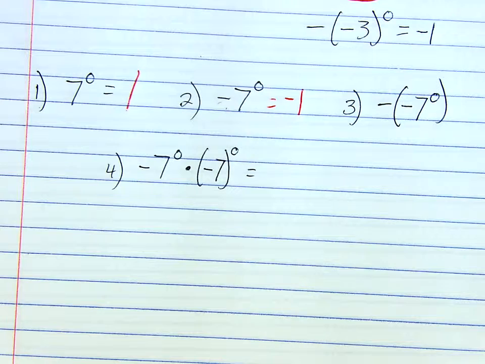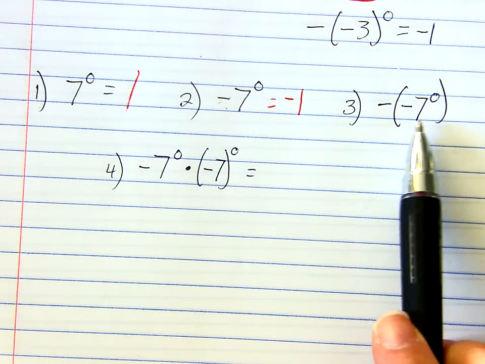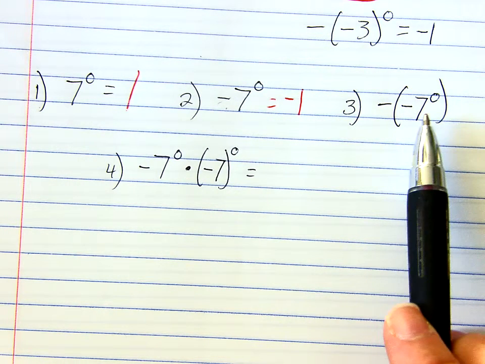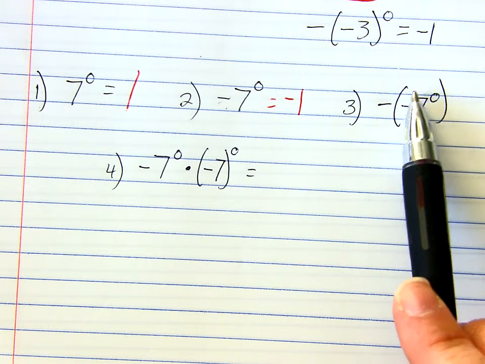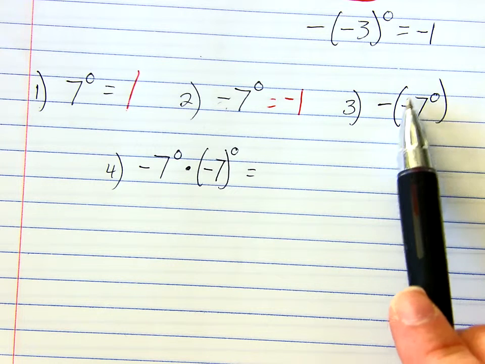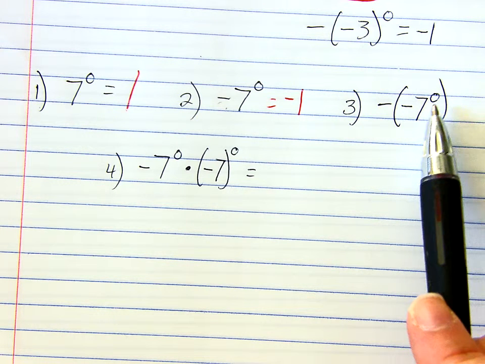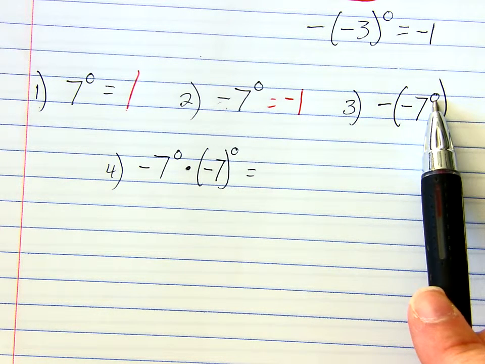Good job. Number 3, okay. Well, it's either 1 or -1, right? So here's how we're going to work this. We have parentheses. So inside the parentheses, there is some work for me to do. What should the first thing be that I do? 7 to the 0 power, which is 1.